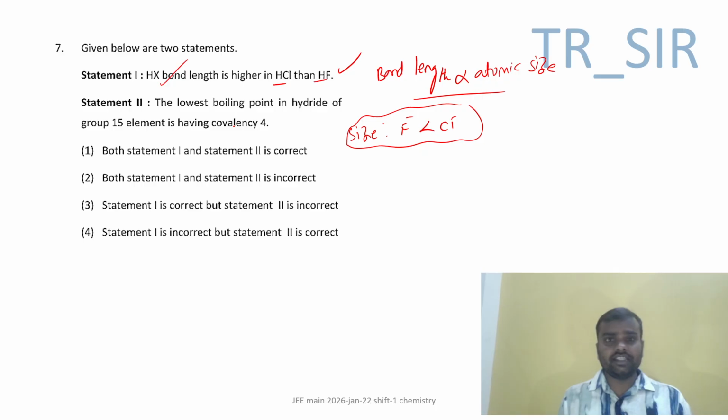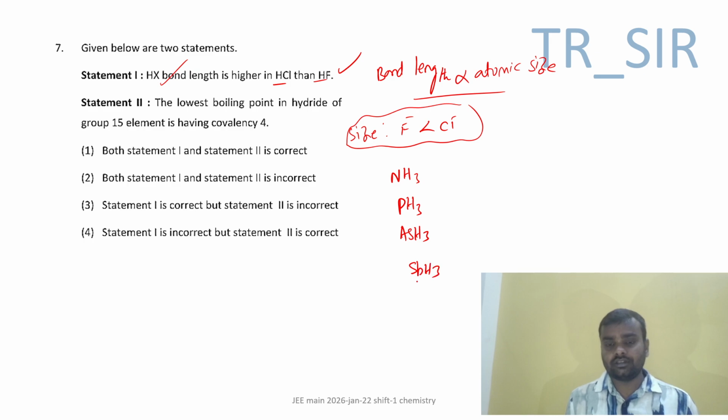Next one: the hydride of group 15 elements with the lowest boiling point has covalency 4. Let us see. Group 15 hydrides: NH3, PH3, AsH3, SbH3, BiH3. Ammonia has the highest boiling point due to hydrogen bonding.